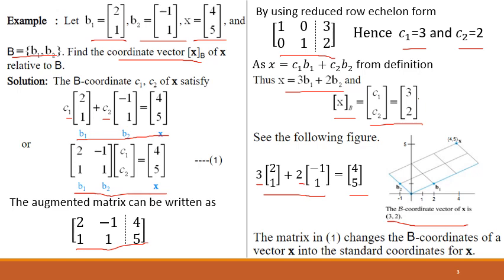To draw vector b1 in a rectangular coordinate system, we will move 2 units on the x-axis and 1 unit on the y-axis to find our vector b1. In the same way, we can draw vector b2 by moving minus 1 unit on the negative x-axis and 1 unit on the y-axis.